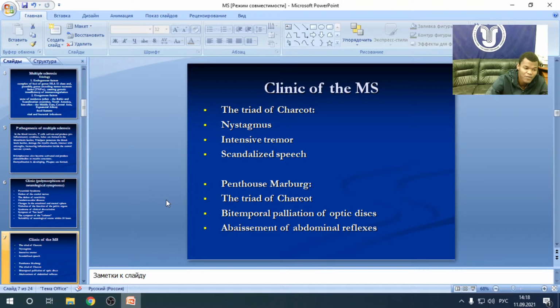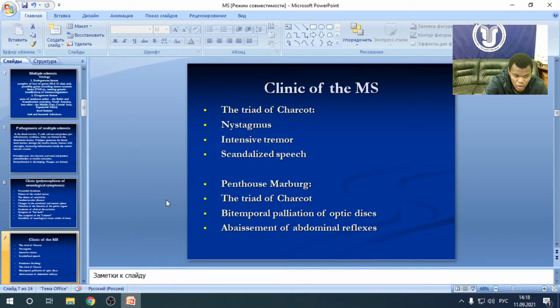Also, you have the Marburg variant, which is the triad of Charcot plus pallor of the optic disc, vision problems, and a decrease of the abdominal reflexes. When we examine, you can see the decrease of abdominal reflexes.